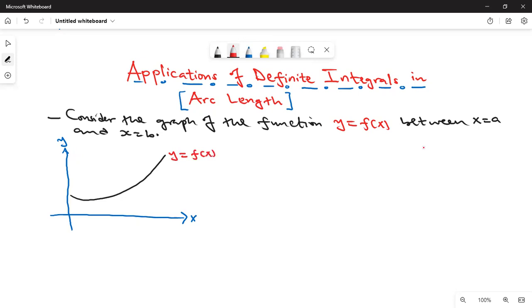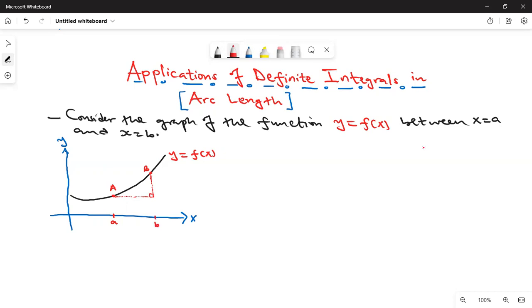I want us to consider the portion between point A and point B. If I extend this horizontally and this one vertically, you see those two lines are going to meet at 90 degrees. So this point is A and this other point is B.